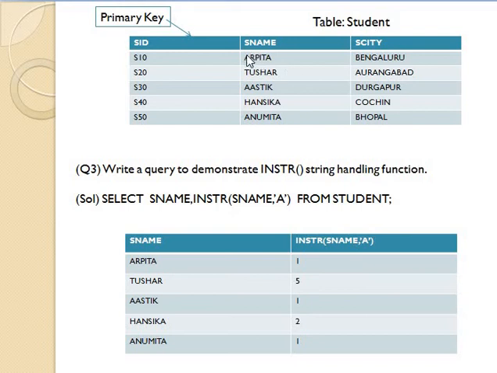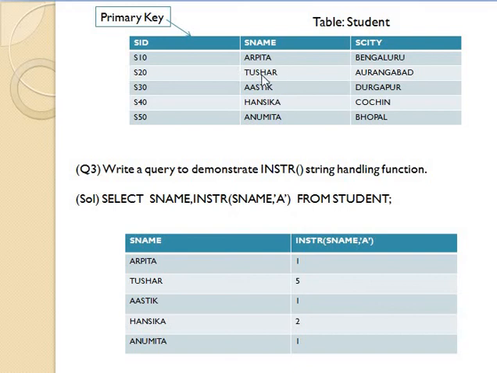Now for the first entry Arpita, the position of the character value a will be 1 because a is the starting character. That's why for the entry Arpita this instr function will return 1.